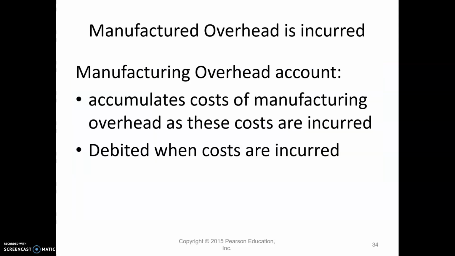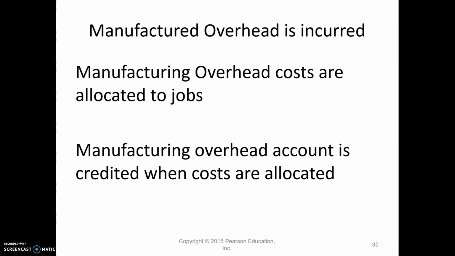Then we can have other manufacturing overhead that's being incurred during the period. And we're going to use that manufacturing overhead account to accumulate all of the costs of manufacturing overhead. And so we debit manufacturing overhead for any of our indirect manufacturing costs. Okay, and we're going to see manufacturing overhead is used as kind of a clearing account. Because then we'll eventually take the amount out of manufacturing overhead and we'll apply it to a job.